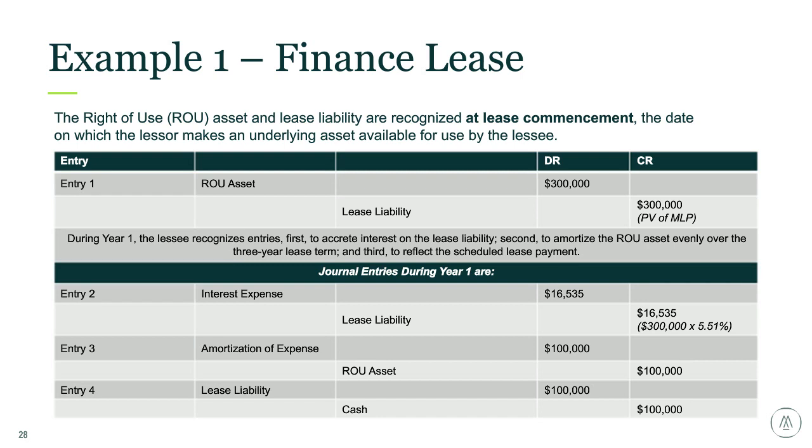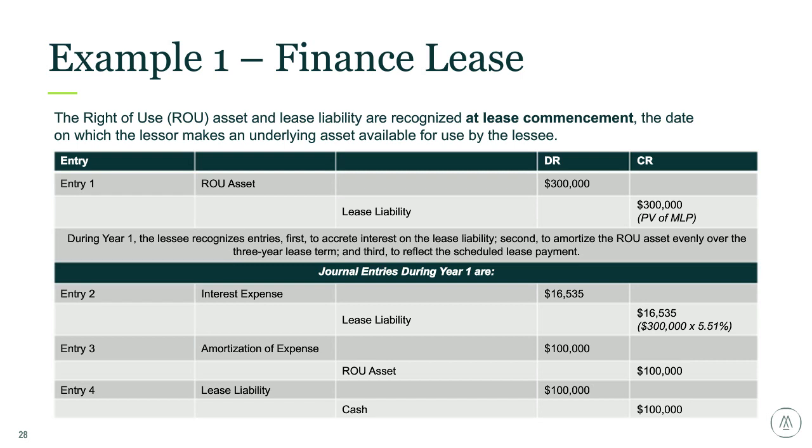That gets you your interest expense. And we know that on a finance lease under the new standard, you're to amortize this right of use asset on a straight line basis. So the right of use asset is $300,000. In the current year, we used 1 year of that, so one of the three, a third, and we're going to debit amortization expense and credit right of use asset to bring the asset down.